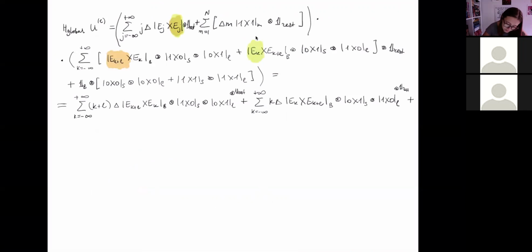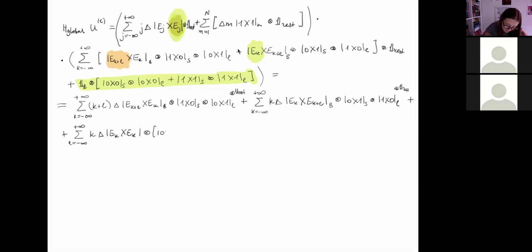Okay, so these were the terms. Then we continue with the next. Let us take the same term here and look what happens when we multiply it by this term. Well, nothing happens. Both of them are preserved the way they are. So I'll just change the summation over j to summation over k: K delta, ek, ek.